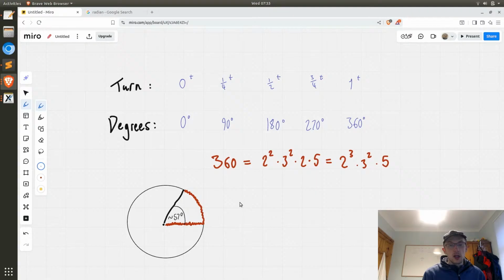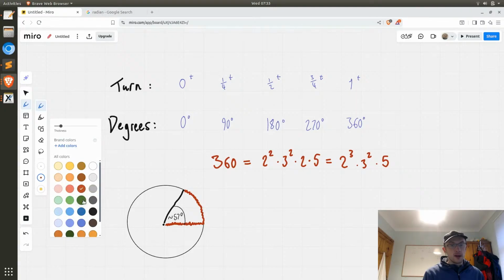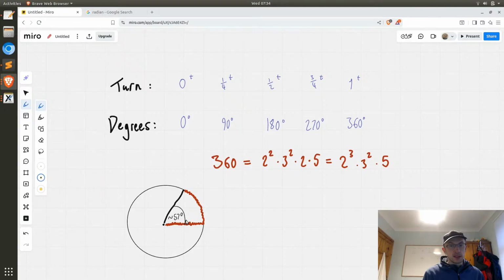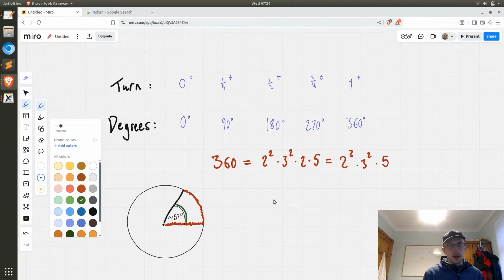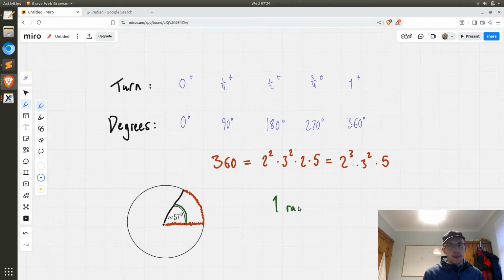So this amount of turn is known as a radian. Like that exact amount is known as 1 radian. Let's write that down. 1 radian is about 57 degrees.